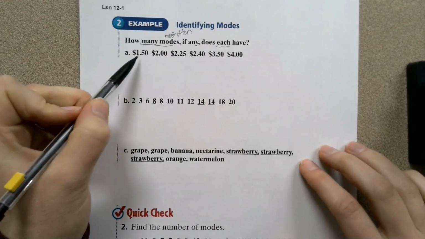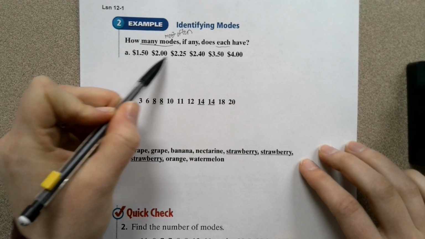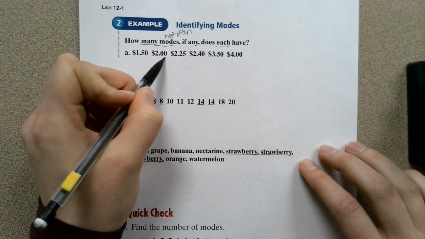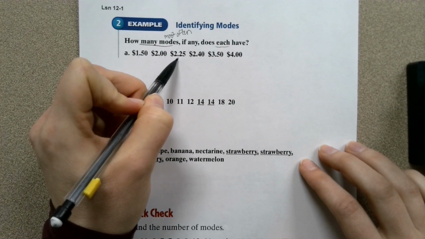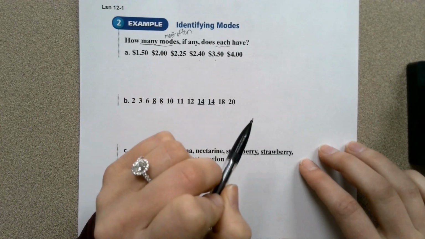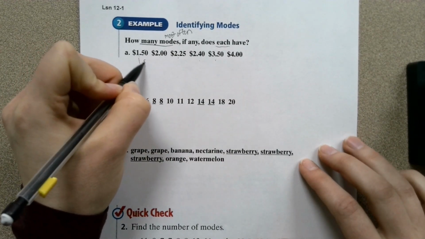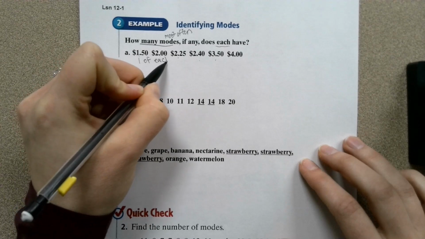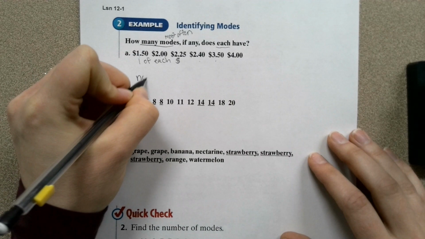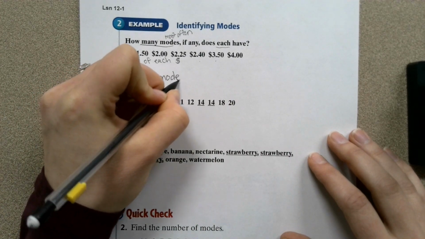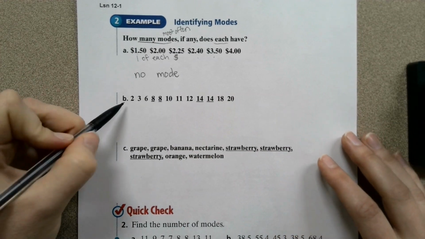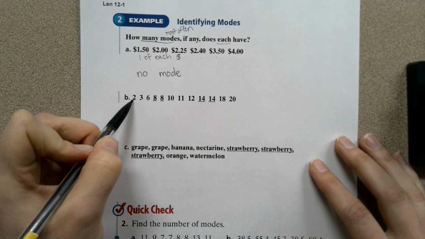So when we look through, I see $1.50, one $2 value, $2.25, one $2.40, one $3.50, and one $4. There's only one of each dollar amount. So in this case, there is no mode because none of them appear more often than any of the others.